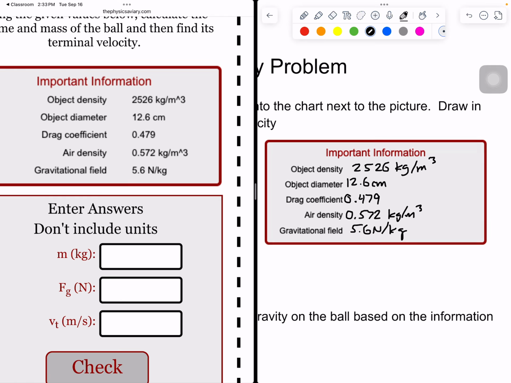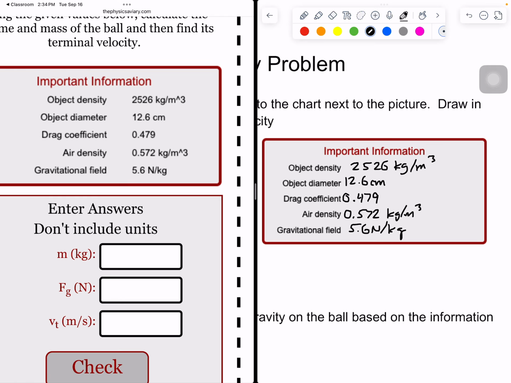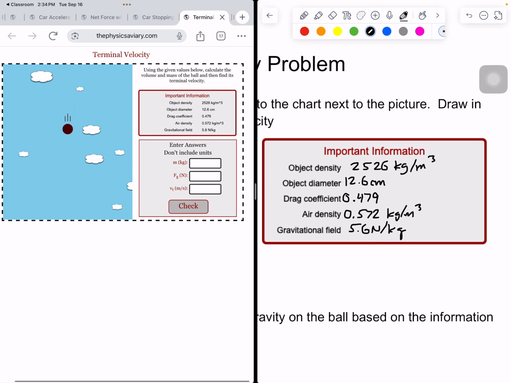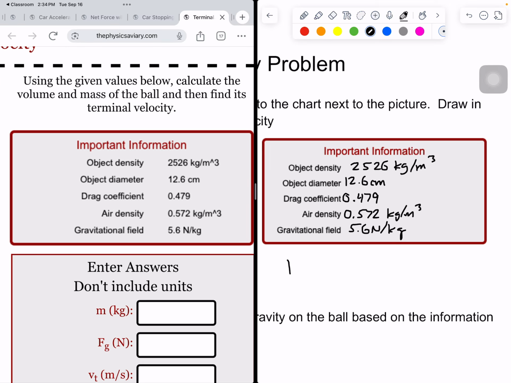Okay, once you have that written down, it's probably a good idea that you write down the equation for drag because you're going to need it. So the drag force is equal to 1/2 times rho, that's the air density, times CD, that's the drag coefficient, times A, which is the maximum cross-sectional area, times V squared.